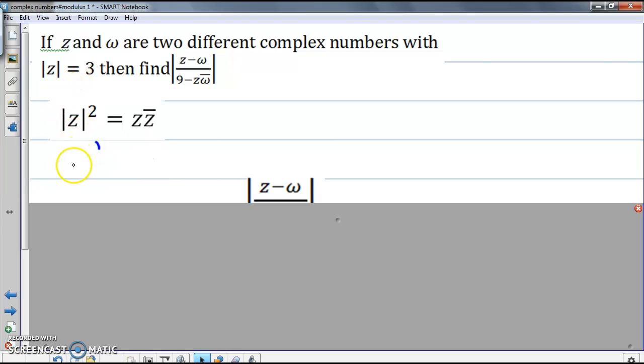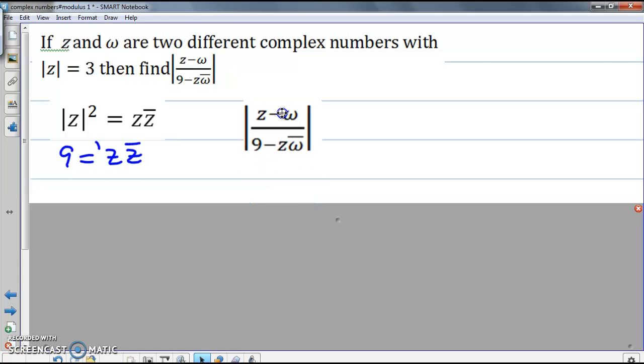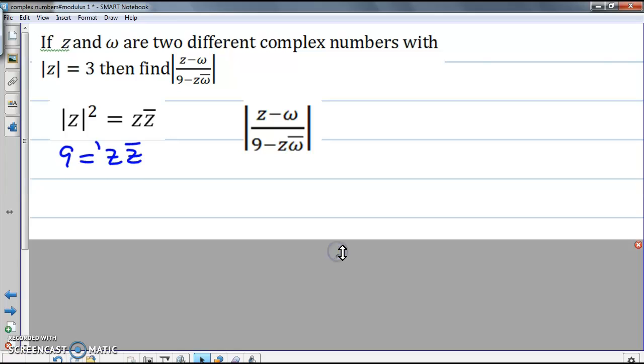So mod z square is 9, is equal to z conjugate. Now we want to evaluate this modulus. So what we do, we put the value of 9 as z conjugate here.